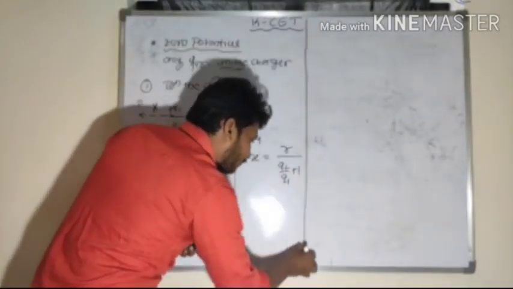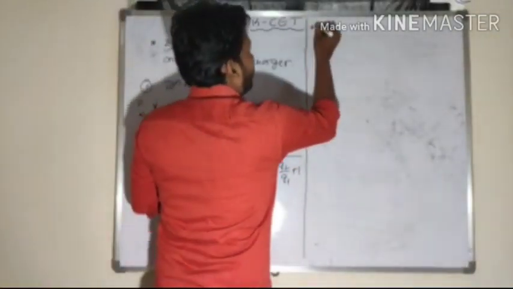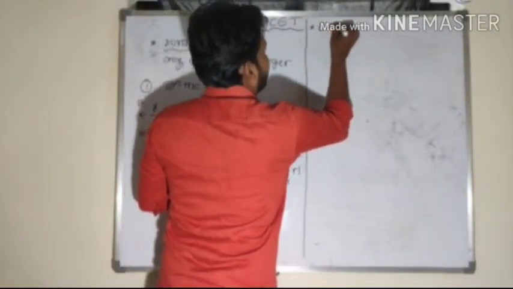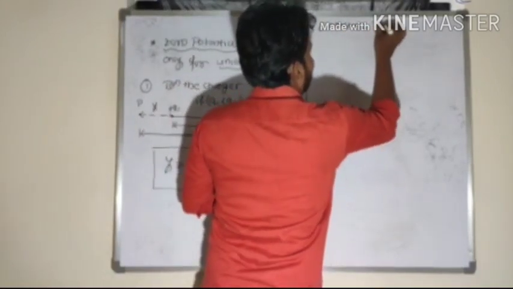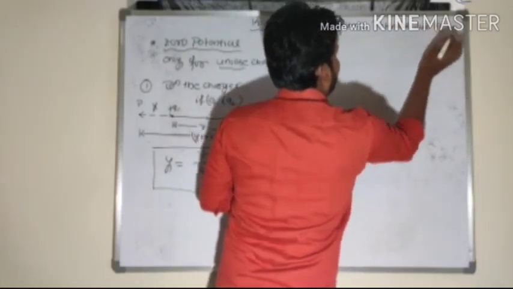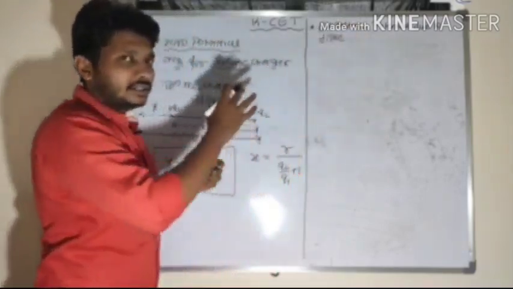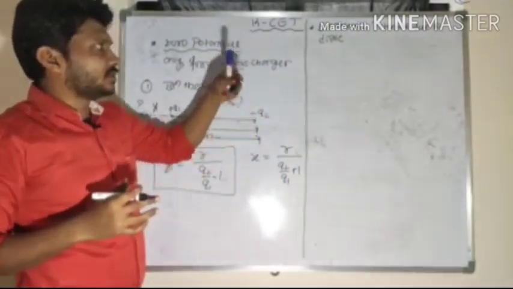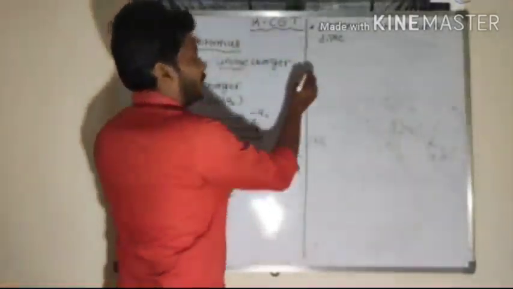I want to find the formula for electrostatic potential due to a dipole. You already learnt all these things, I am just going fast to remember the formulas.